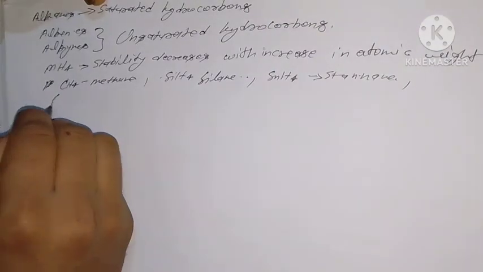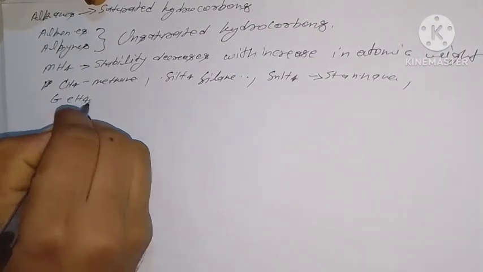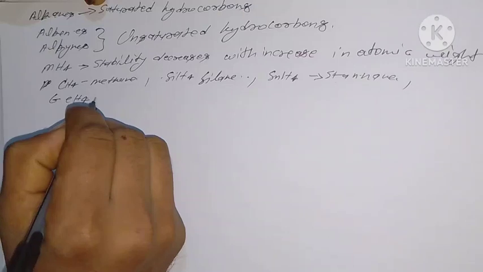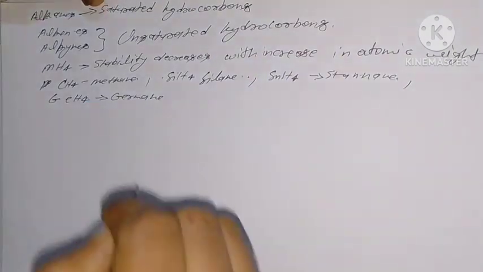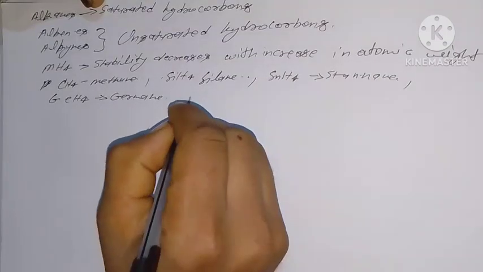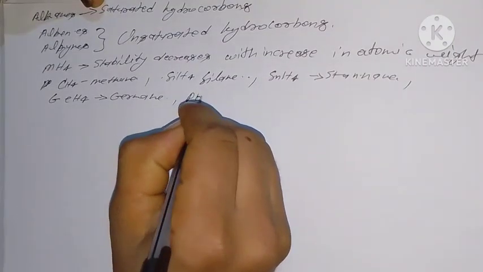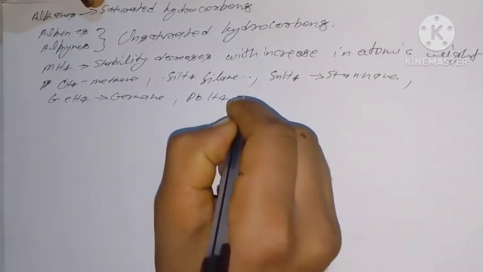and GeH4 is germane, and PbH4 is plumbane.